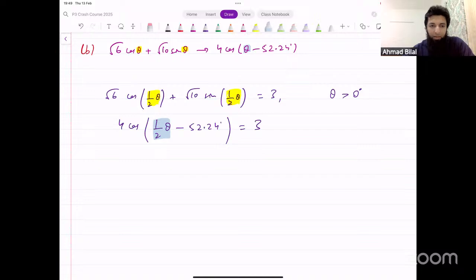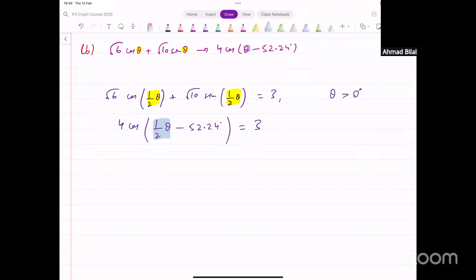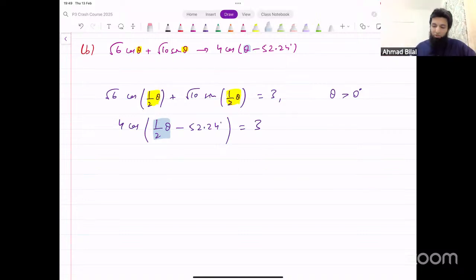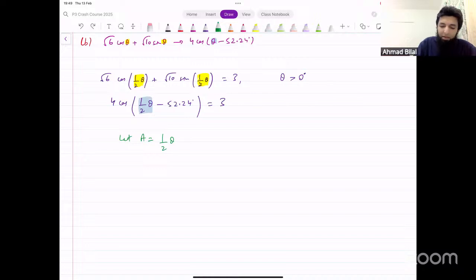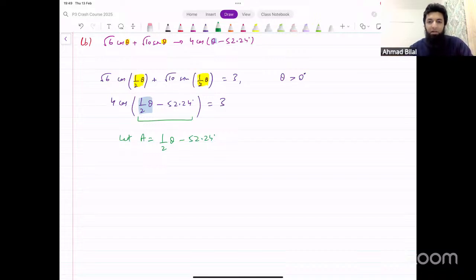Okay, now how do we actually solve this equation? Again, we can use a substitution. We can say let A equals half theta minus 52.24. So whatever is inside here, we can substitute that with another letter. And now we have to substitute theta as well.